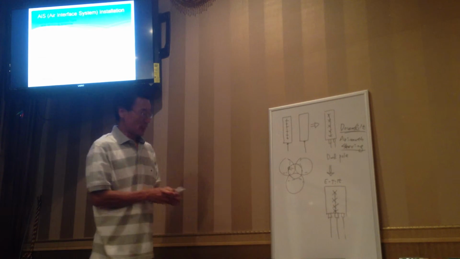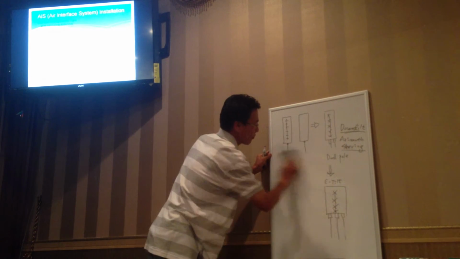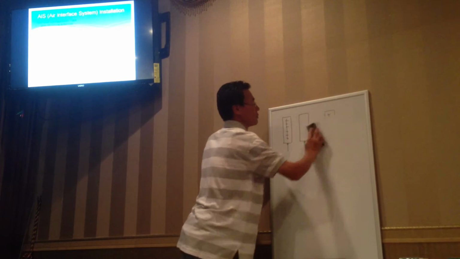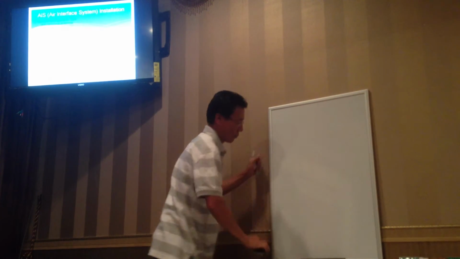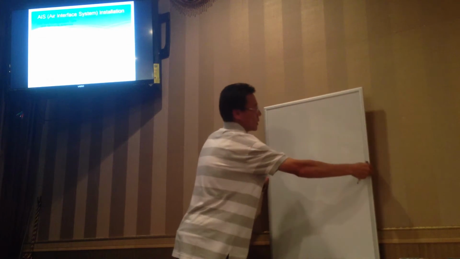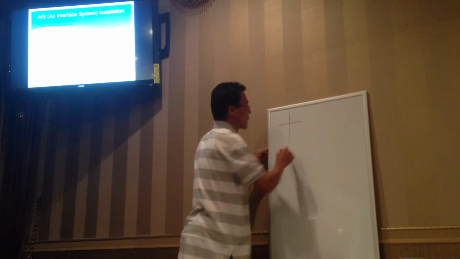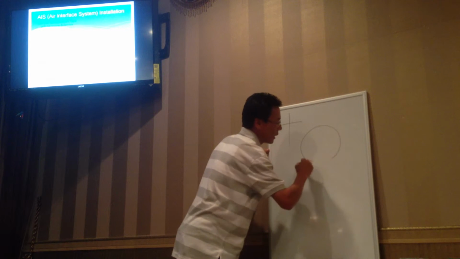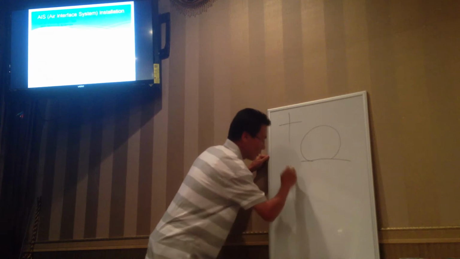Down tilt is, right, when an antenna radiates a signal, we look at it in two planes. One is the horizontal plane, another is the vertical plane.